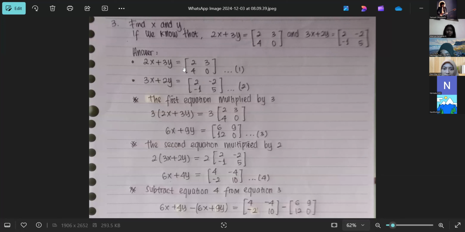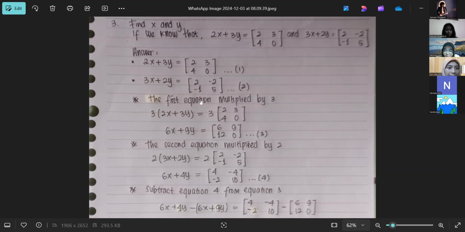And then I name the equations for this matrix: 2x plus 3y is equal to matrix 2, 3, 4, 0 is equation 1, and then 3x plus 2y is equal to matrix 2, negative 2, negative 1, 5 is equation 2.